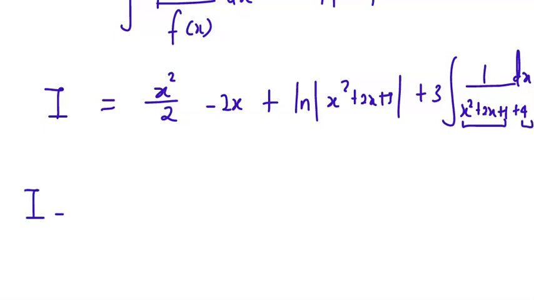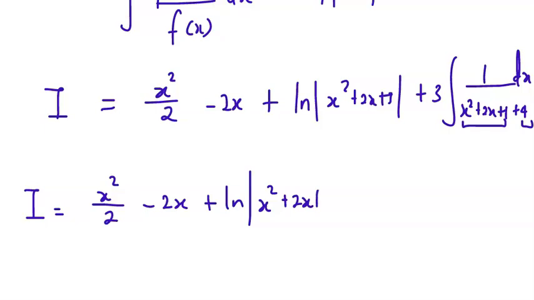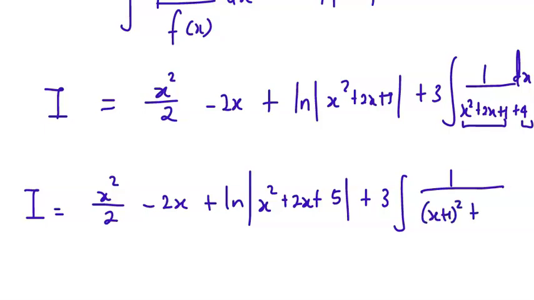This integral is really very interesting, but I think the method is interesting. So this is plus the natural log of x squared plus 2x plus 5, and then plus 3 multiplied by the integral of 1 divided by x plus 1 whole squared plus 2 whole squared, and then dx.